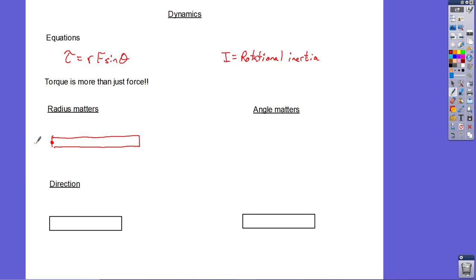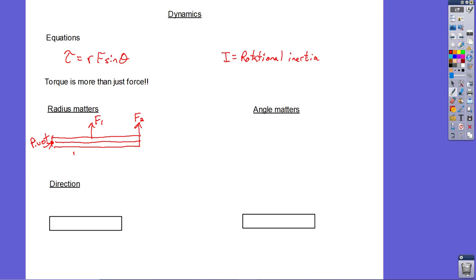So if this is the pivot over here, okay, so it makes a difference if you're applying a force. If that's F1 and that's F2, well, actually, yeah, we'll leave that.